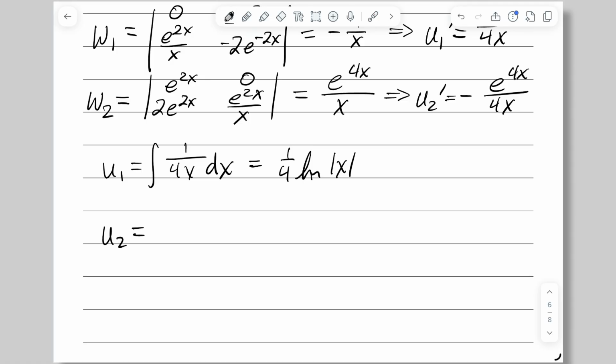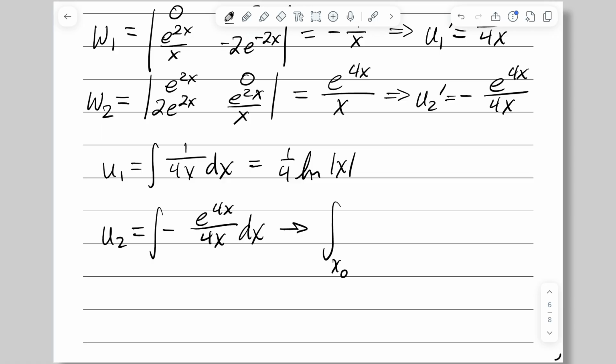u2 is the integral of negative e to the 4x over 4x dx. We do not have an antiderivative for this. We can't write down a closed form solution for this. What we then do is we turn this into a definite integral with the lower limit x naught. If we had an initial condition number, like an input, y of 3 equals 5, we'd put 3 down there.